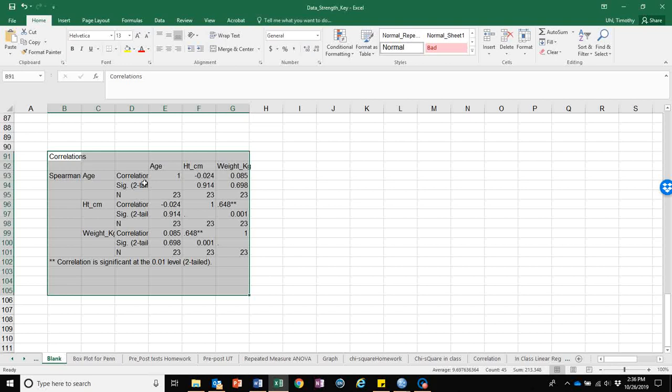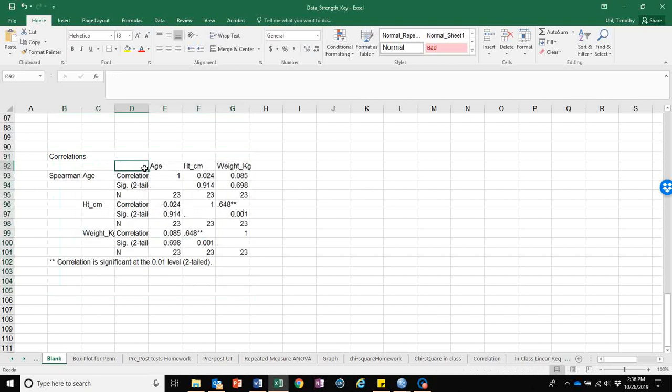Now, I tend to take the N and the significance out, and then put the significance at the bottom with an asterisk when I do a correlation table. So we're going to make this same table over with a few less things.